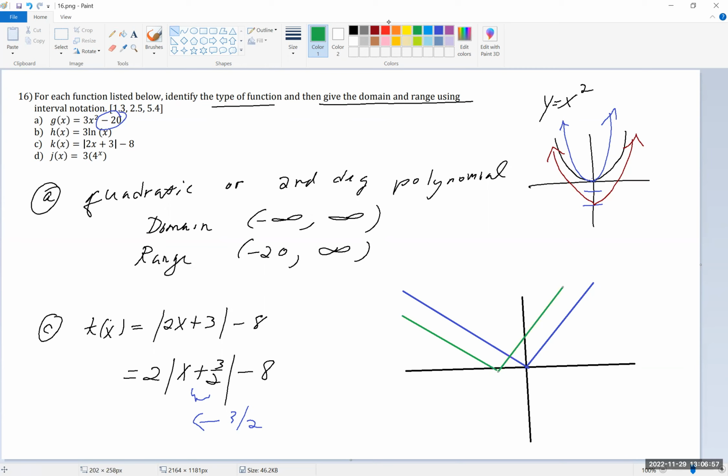This 2 makes it more narrow. Let me try that again. So that was the moving to the left. Then the 2 makes it more narrow.